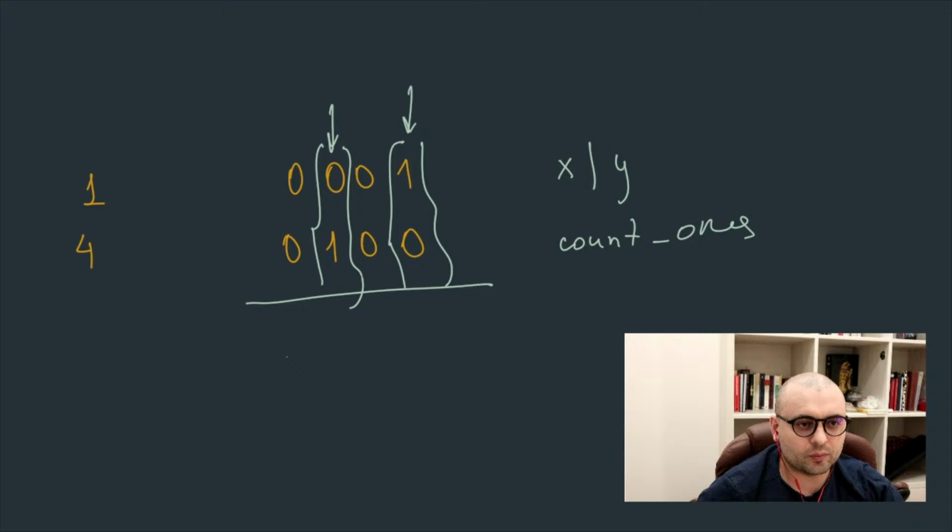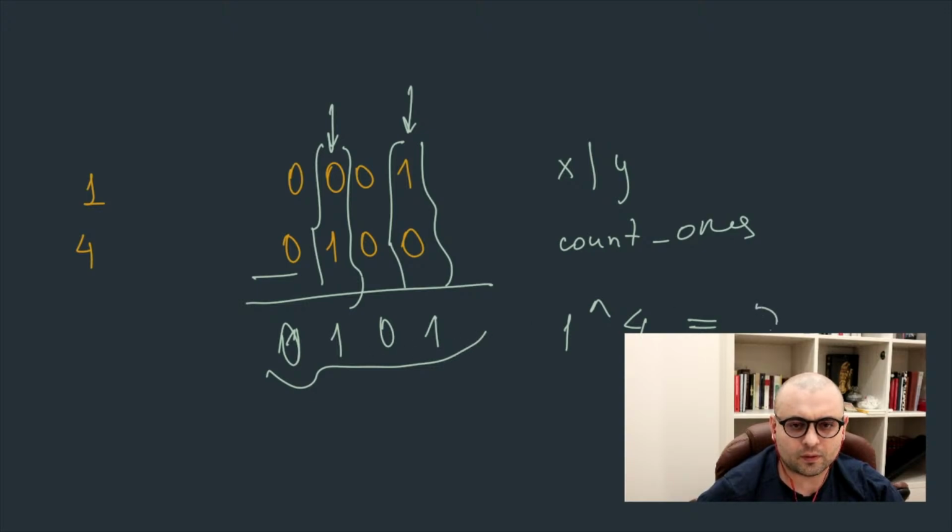In our case, this stuff doesn't do anything, this stuff will be 1, this stuff is 0, and this stuff is 1. So 1, 0, 1. So 1 XOR 4 gives a number, which is 5. And we count once in 5.